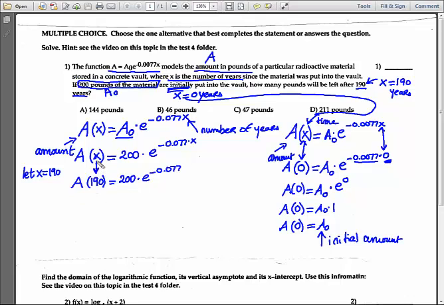Notice that x was replaced by 190. Do the same here. Replace x by 190, and let's see what we got. The amount is going to be 200 times e to the power, whatever that is. I need to use a calculator for this one.